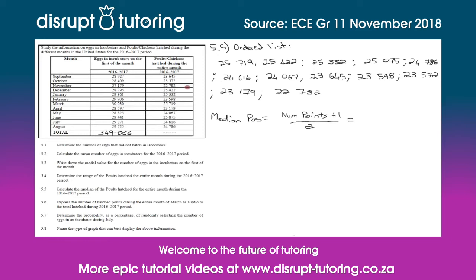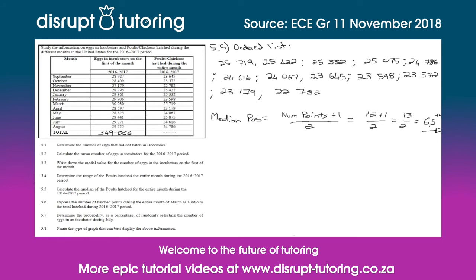So we know that the number of points is in fact 12, plus 1 divided by 2, which is 13 over 2, which comes to the 6.5 position. So that's in between 6 and 7.